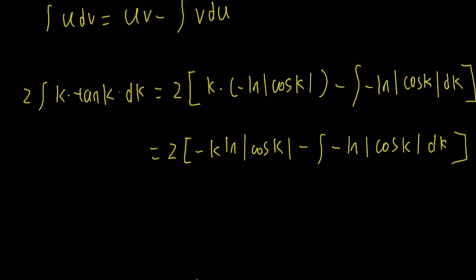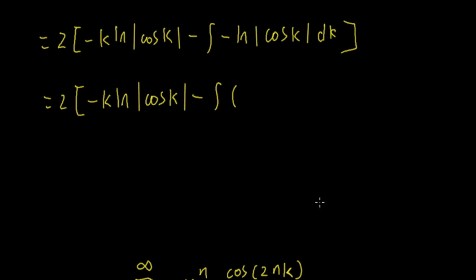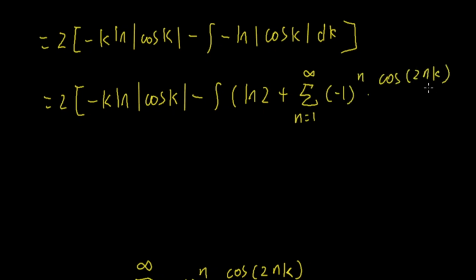Okay, so here equals 2 times negative k ln of cosine k minus the integral of ln 2 plus the sum of n equals 1 to infinity of negative 1 to the power of n times cosine 2nk all divided by n, dk, like this.